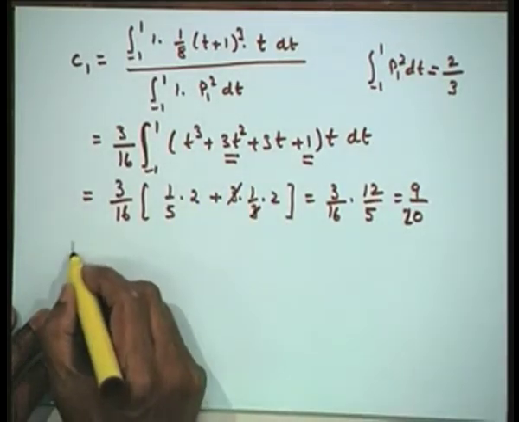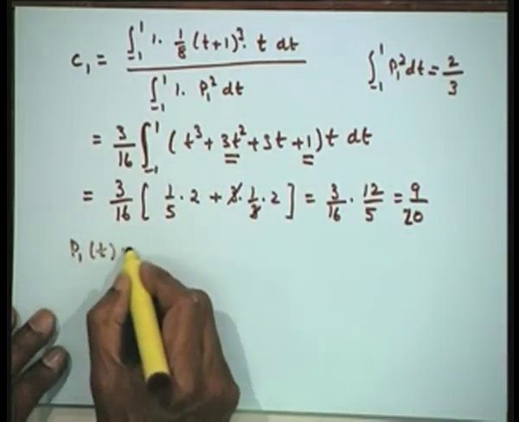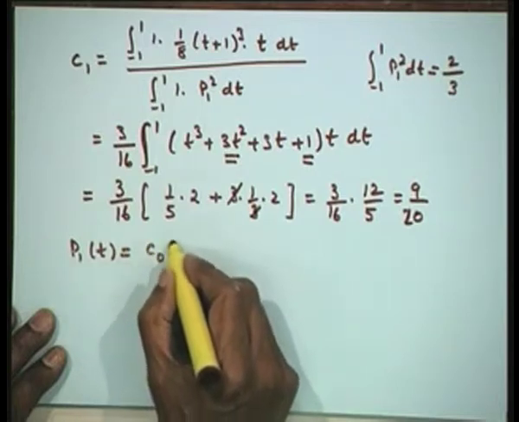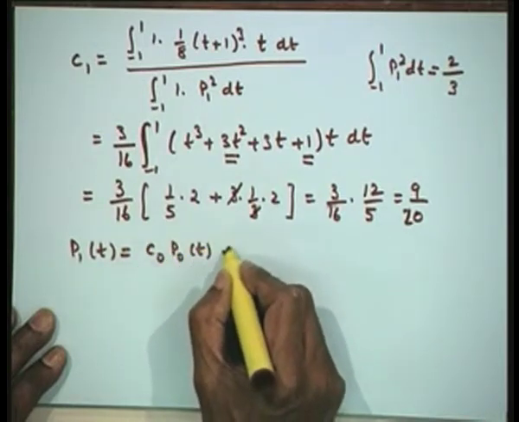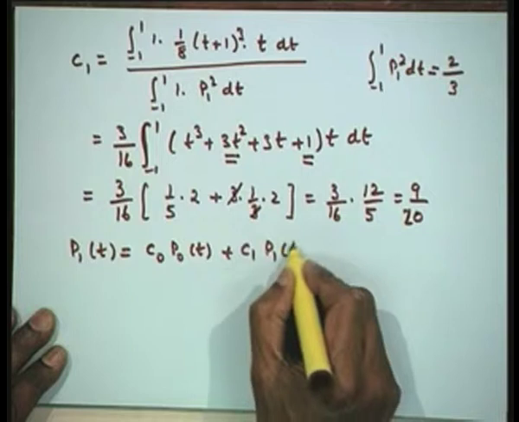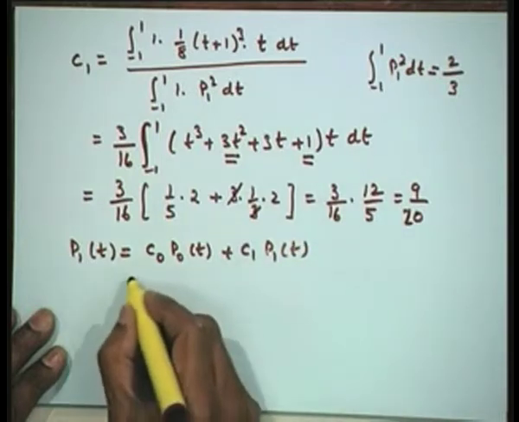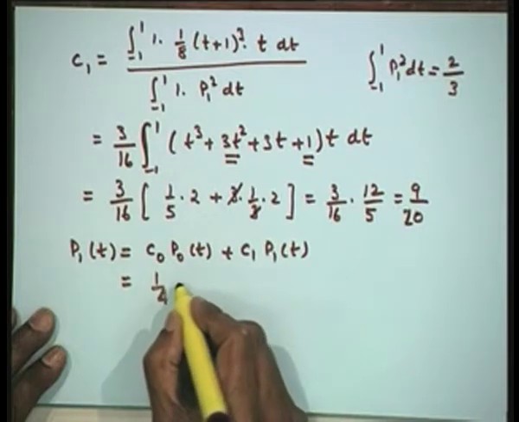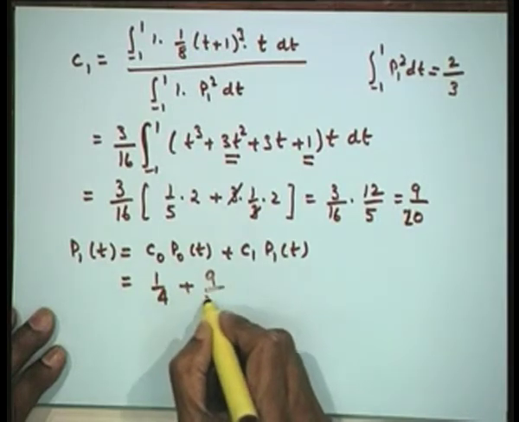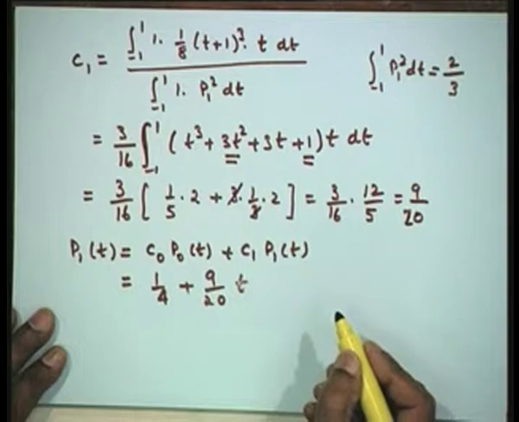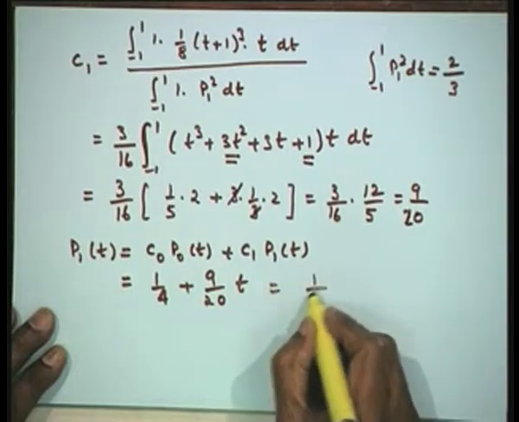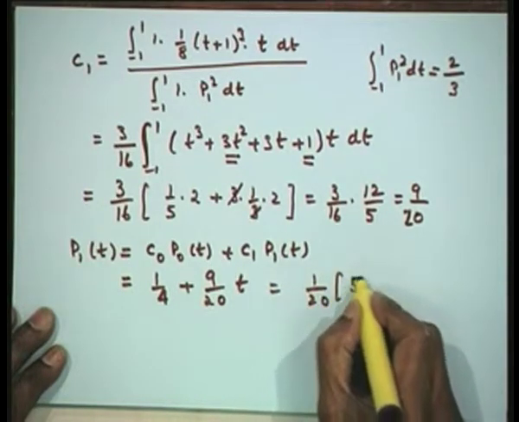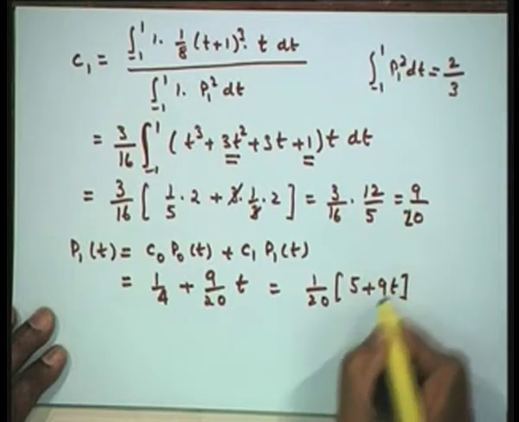So, let us substitute and get down what is our approximation. This is equal to C0 P0 of t plus C1 P1 of t. C0 is 1 by 4 plus C1 is 9 by 20 into t, or simply 1 by 20 into 5 plus 9t.